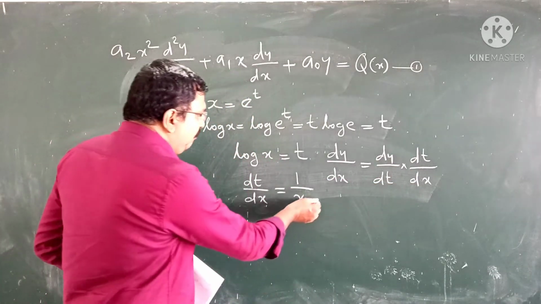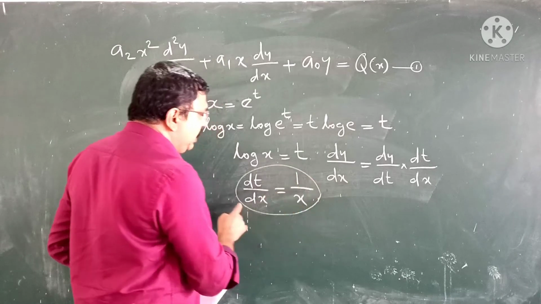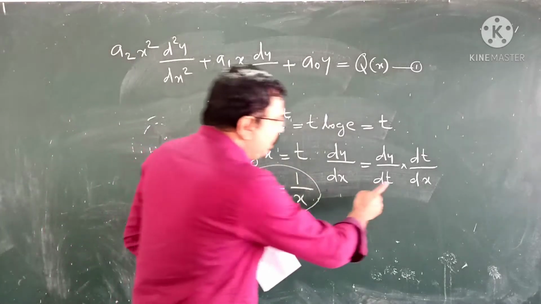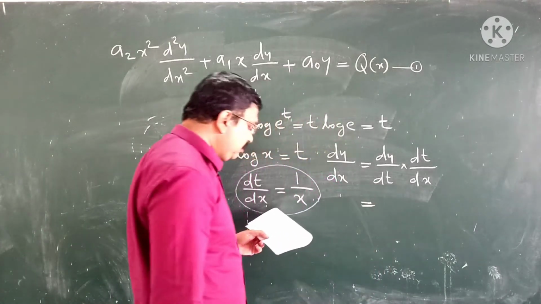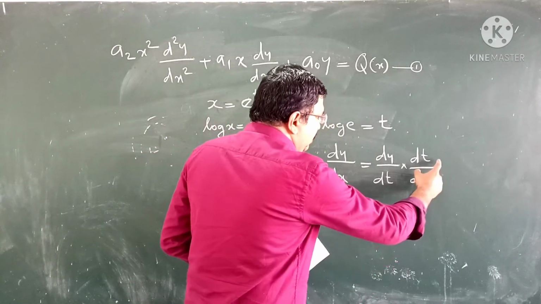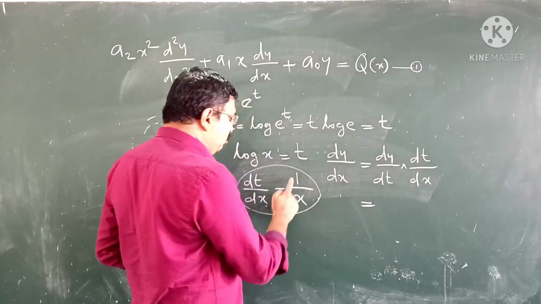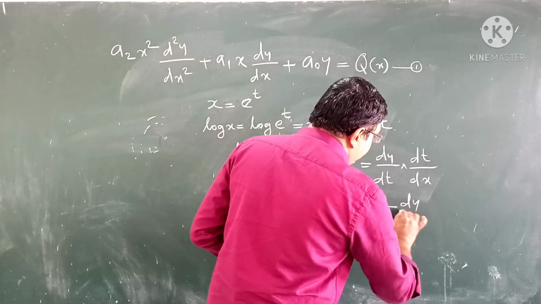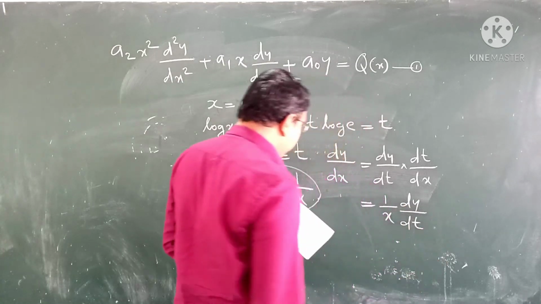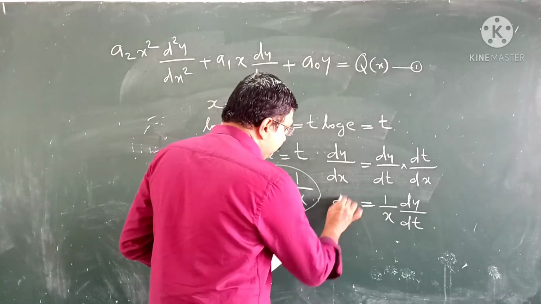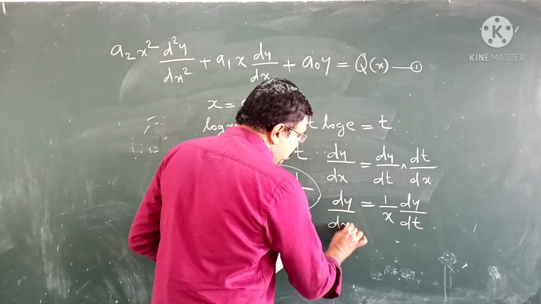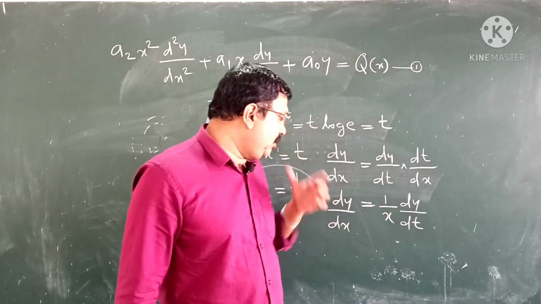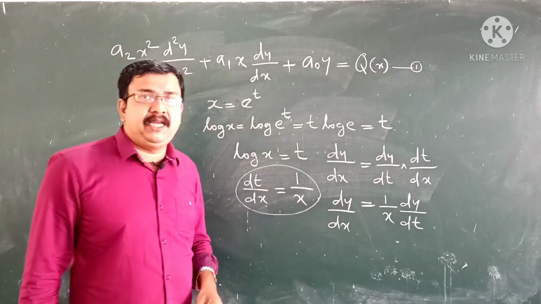But we know that dt/dx is 1/x. Therefore dy/dx is equal to 1/x into dy/dt. Okay, that is our dy/dx.